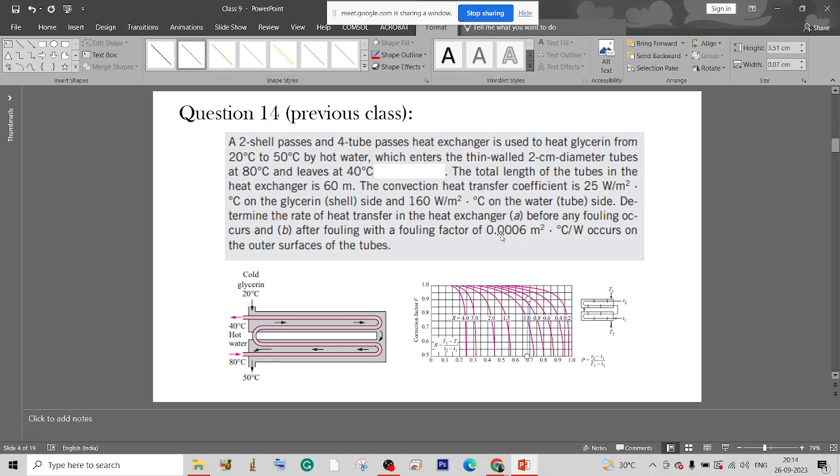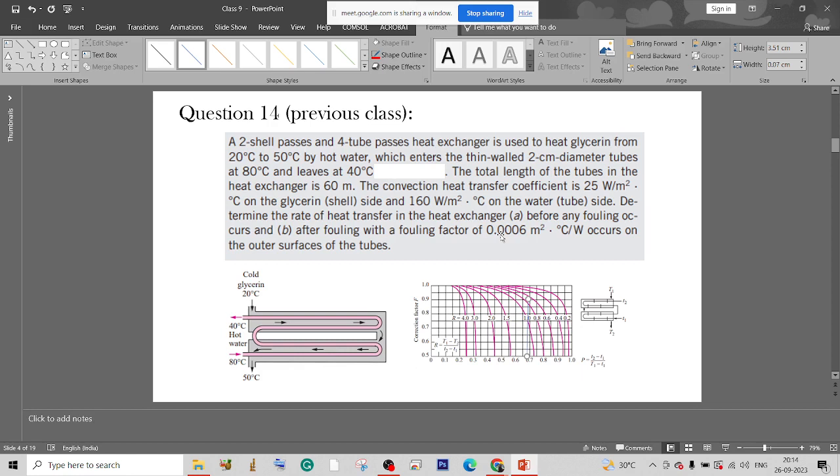Now it is said that after fouling we also need to consider the fouling factor. So for that the overall heat transfer coefficient will change. So the resistance including the fouling factor: this is 1 upon 1/160 plus 1/25 plus 0.0006.